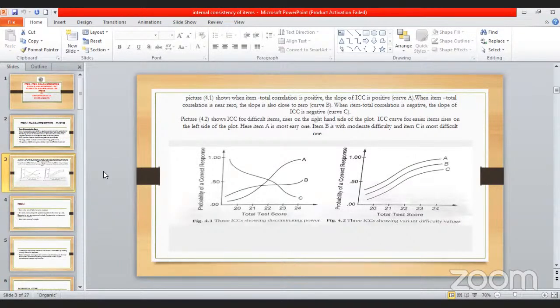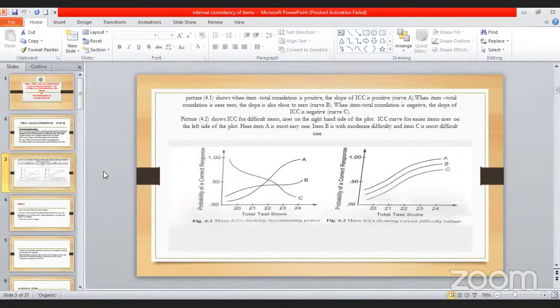You can see here the slopes of all of those curves are similar. Same. That means the discrimination power of these curves is the same, but the difficulty value is different. So the positions of the curves are different. Is it clear?